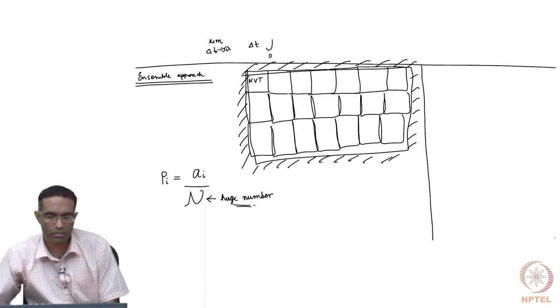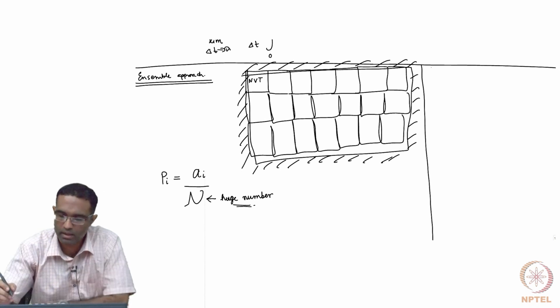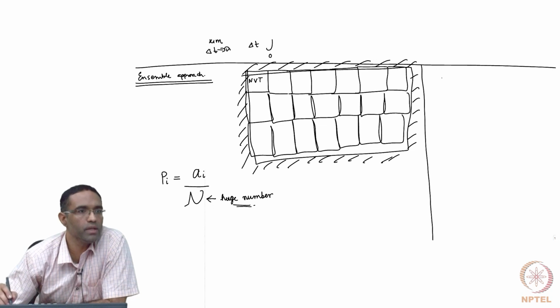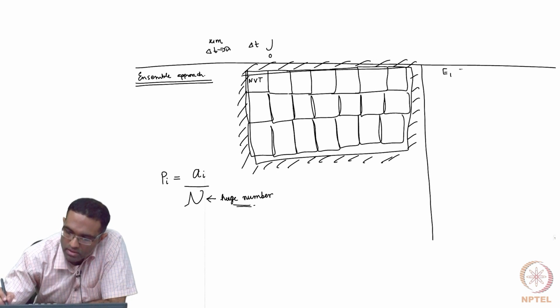So, in order to find out this probability, we have to first enumerate how different ensembles can be put in different energy levels. So, let us say that there are energy levels E1, E2, E3 and so on till some energy level EE.